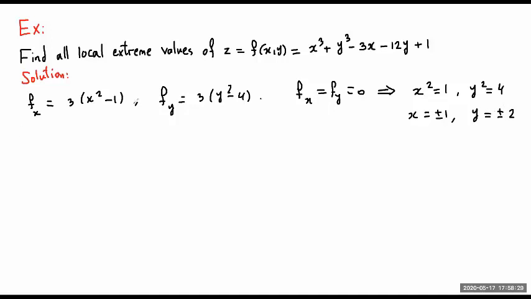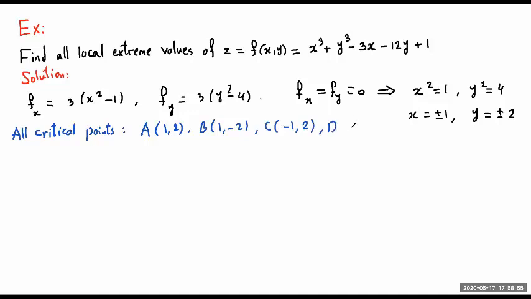So all critical points are these points. The first point, x is 1, y is 2, second point, x is 1, y is minus 2, third point, x is minus 1, y is 2, the last point, x is minus 1, y is minus 2.